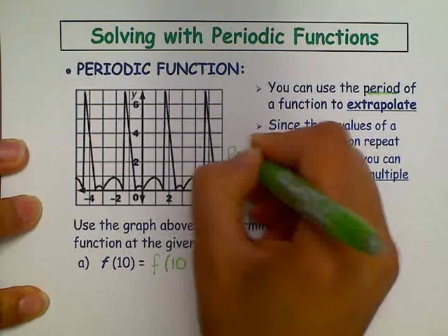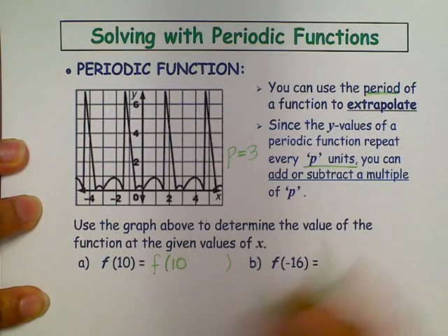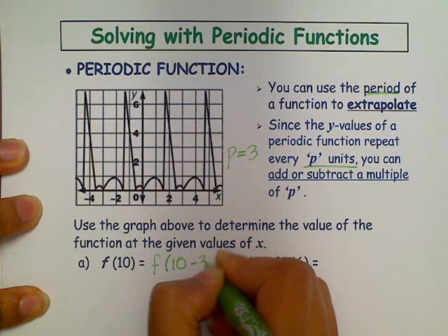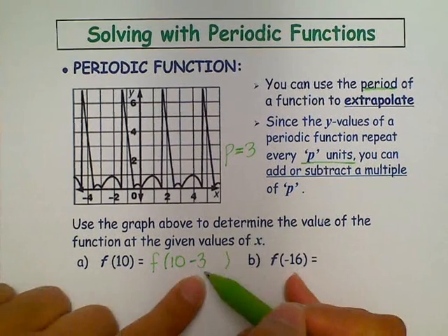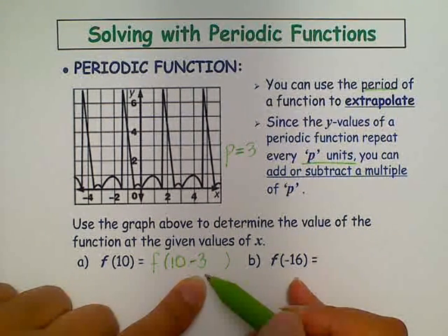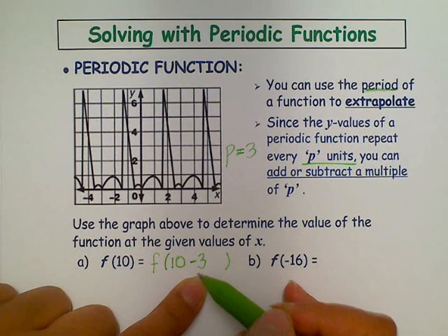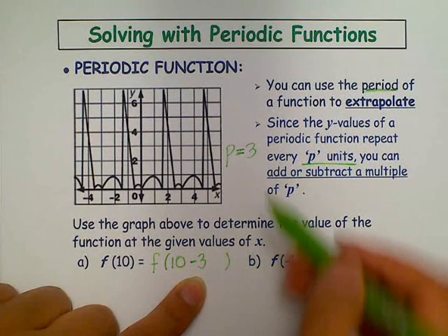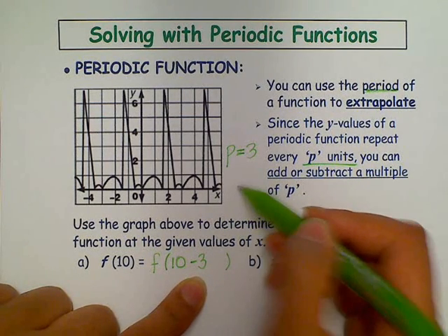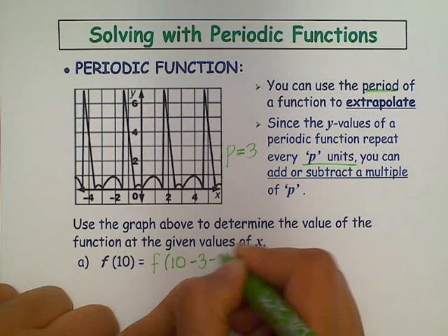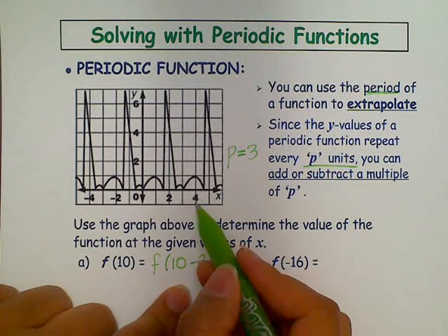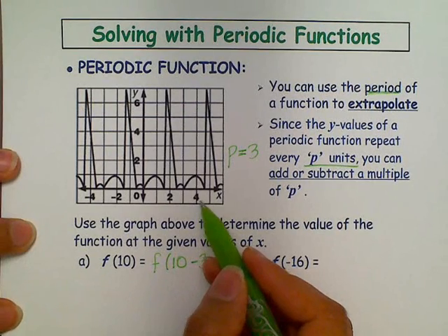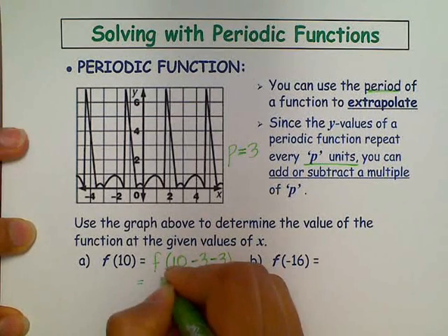Remember that the period of this function is 3, so I can subtract 3 units to come back. If I subtract 3 units from 10, which is subtracting 1 cycle of the graph, that gives me x equal to 7. That's not enough because 7 is still beyond the range. So I can subtract another cycle, and that gives me 4, which is within the range of the graph.